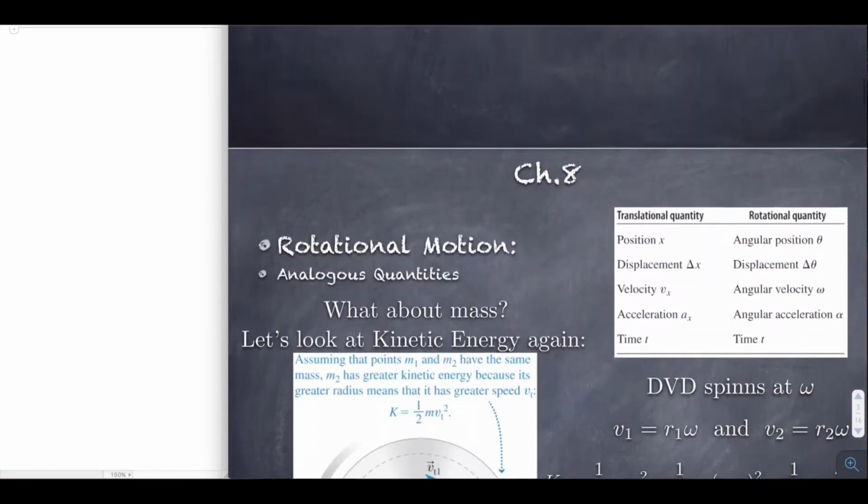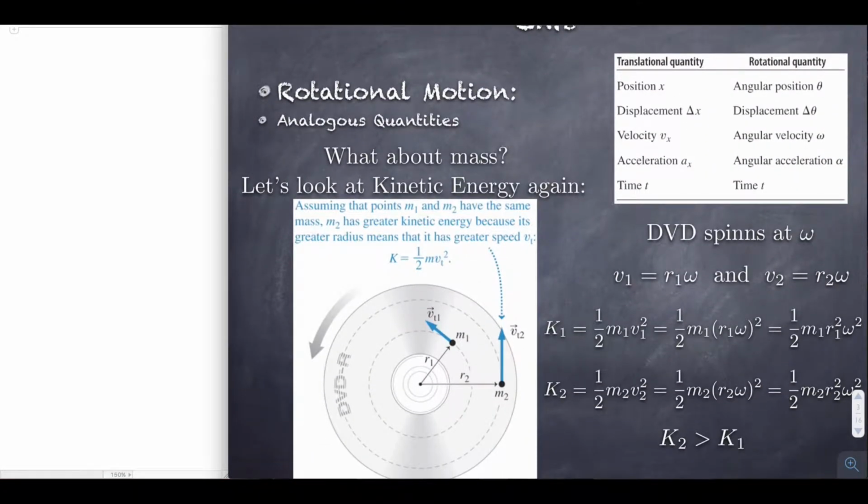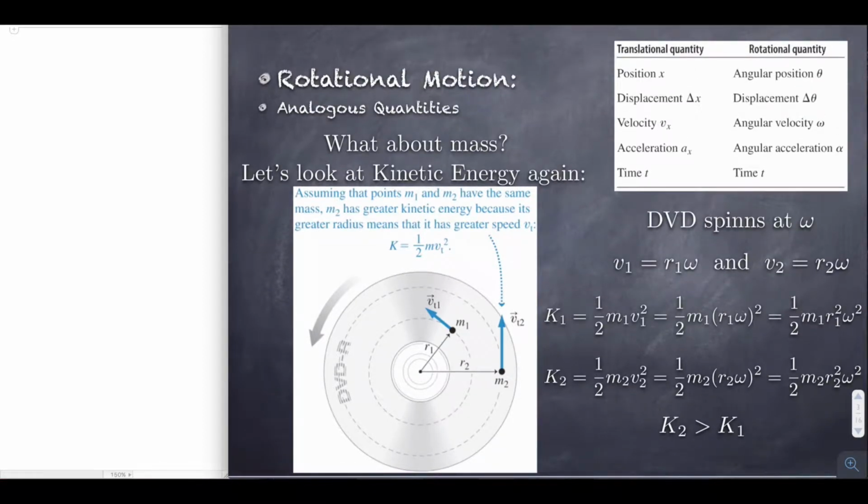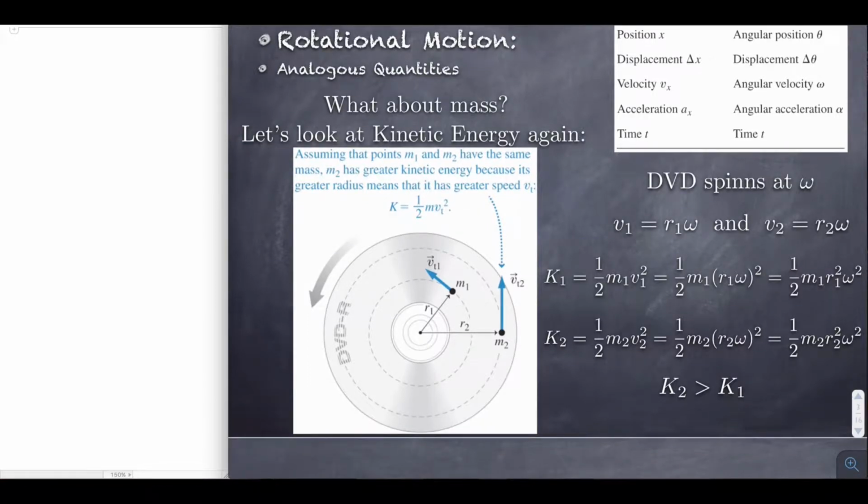So with that in mind, what we want to do here is take a look at a DVD disc or a CD disc, I know those are becoming old media, or say a Blu-ray disc that's rotating. So we have rotation of a disc.